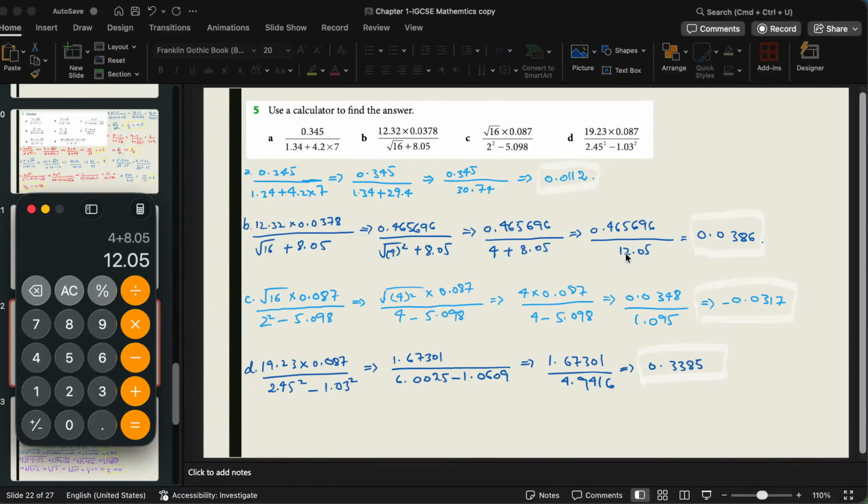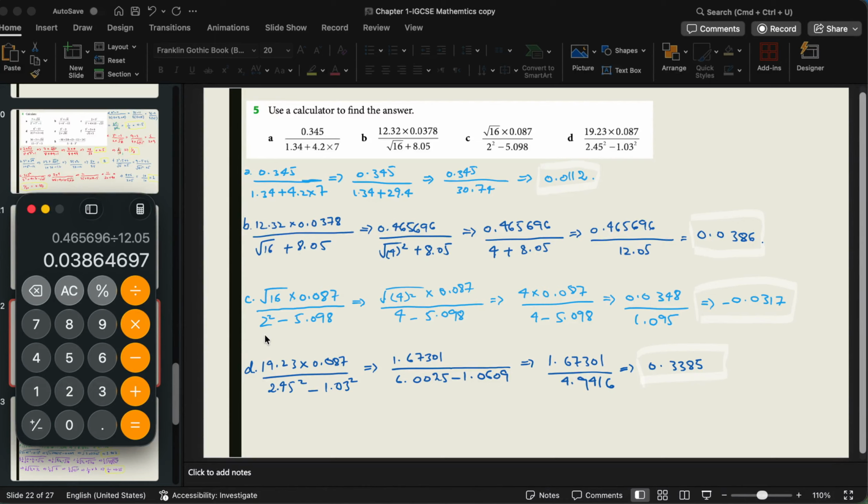Now the numerator and the denominator that we have as one value, we will do the division, which will be 0.465696 divided by 12.05, which is equal to 0.0386, as shown in the calculator and recorded in here.